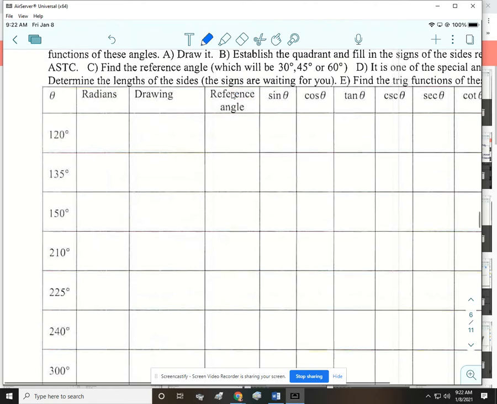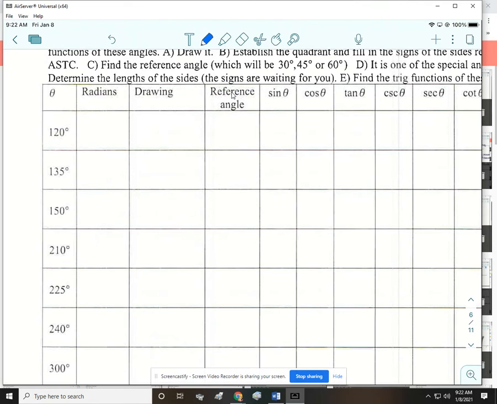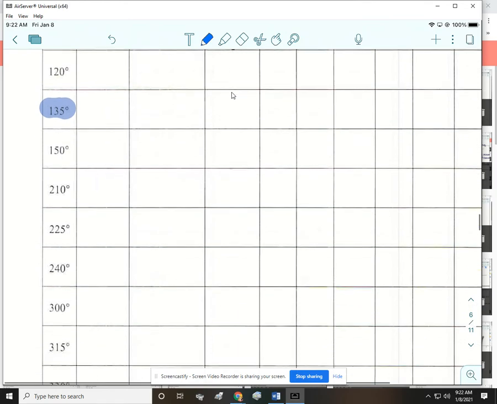All right. But the first thing that we have is writing this in radians. So I'm skipping around. So as you're filling in, please make sure you're at the right row, so you're not filling in something in the wrong place, because that will kind of be frustrating for you. So we have 135 degrees. We want to change that to radians.